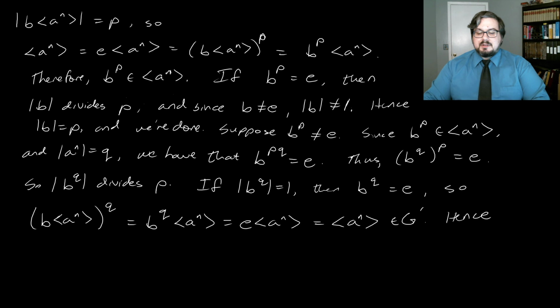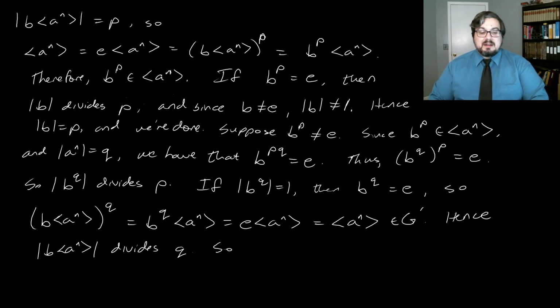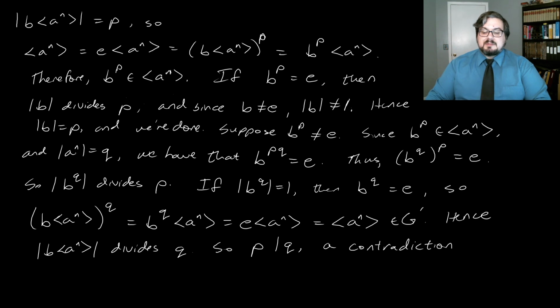So hence, that would tell us that the order of b times AN divides Q. But we have that the order of b times the cyclic subgroup generated by AN is P. So that means that P divides Q, a contradiction, because P and Q are two distinct prime numbers.